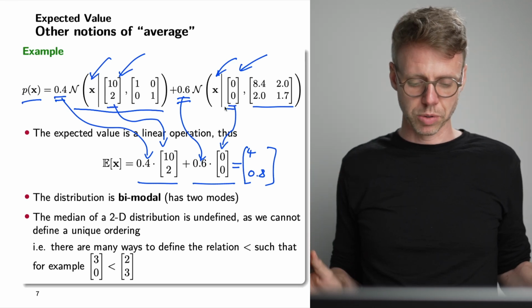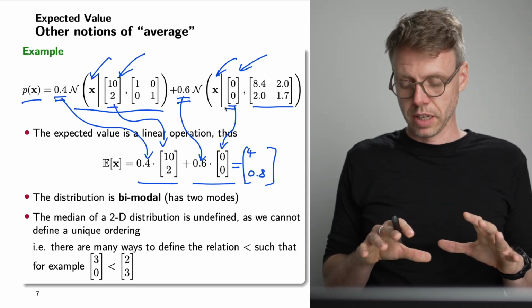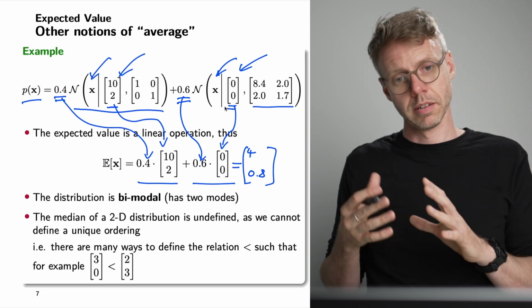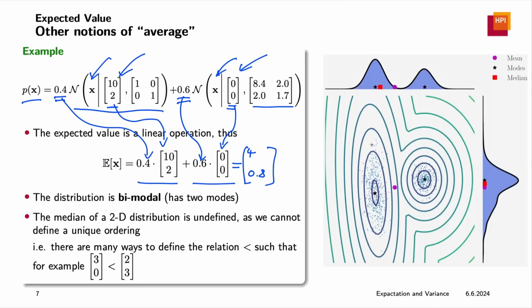Now, if we look at actually data that is sampled from this mixture, then we will get the distribution over here. We see that all the points that we get fall in these two so-called modes of the distribution. So they're all spread around the expected values of the original components.